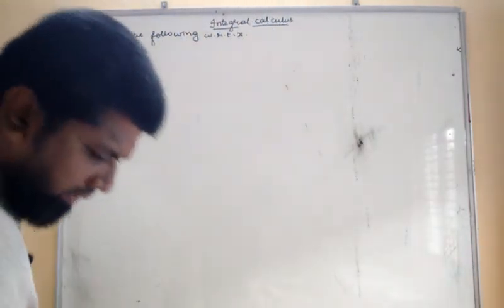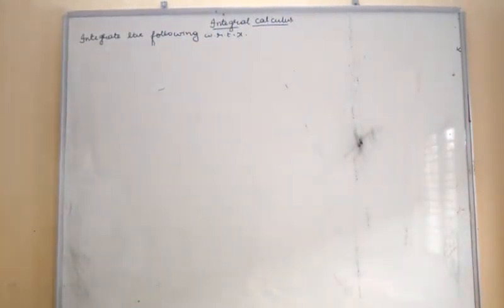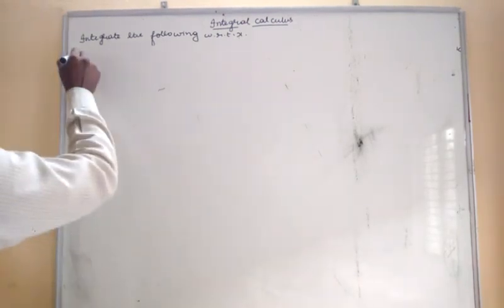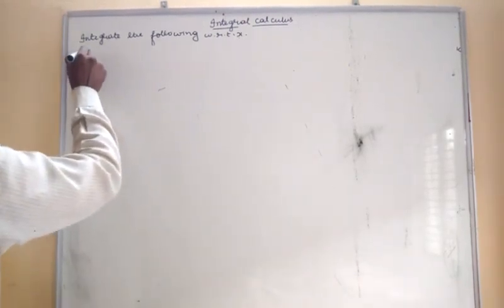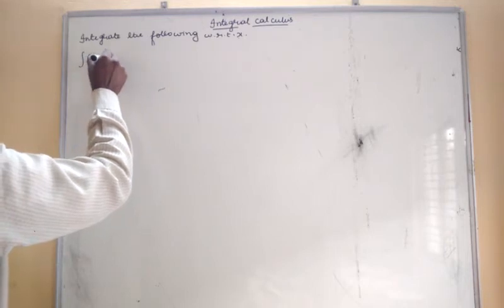So integration is a very important topic. If you practice, you will get it; if you do not practice, you will not get it. Let us take the next problem.